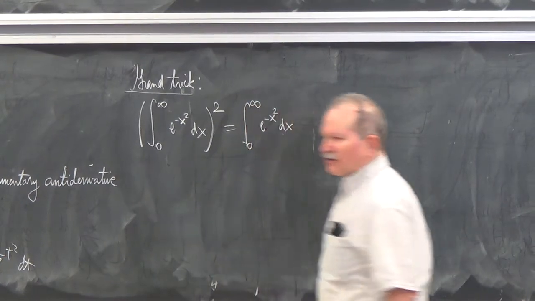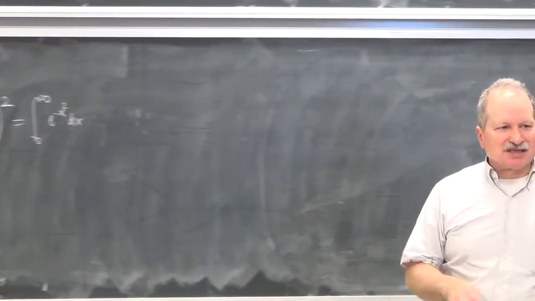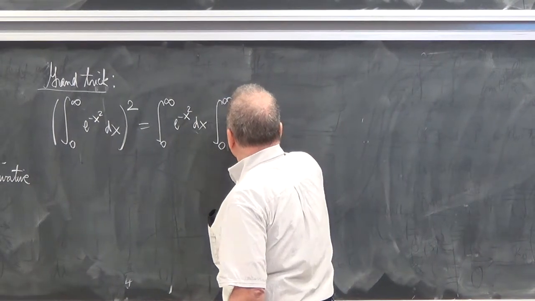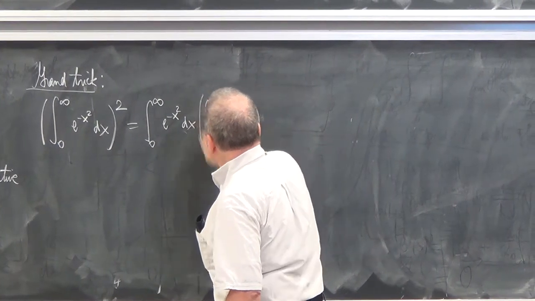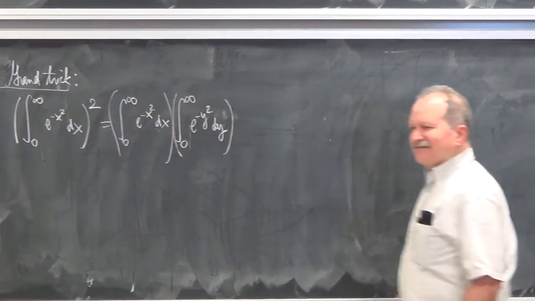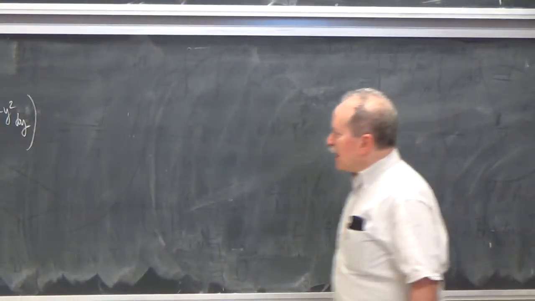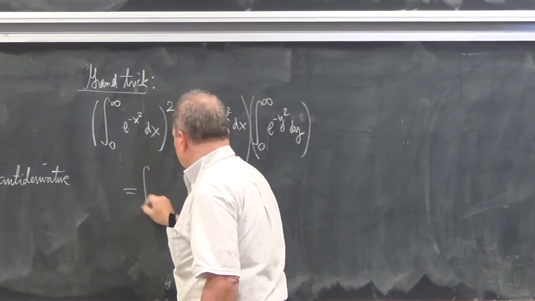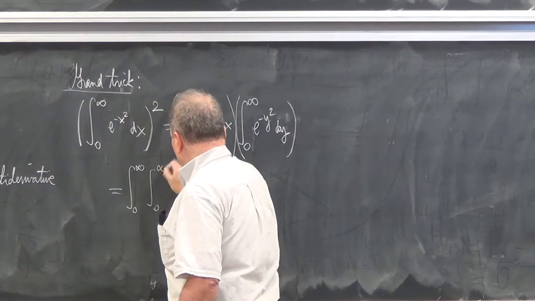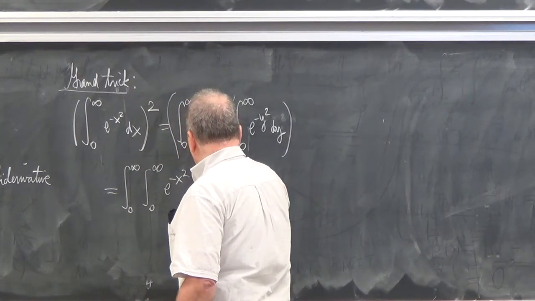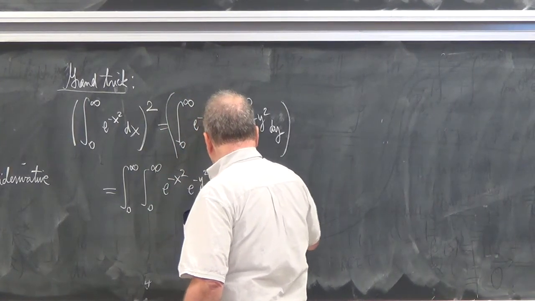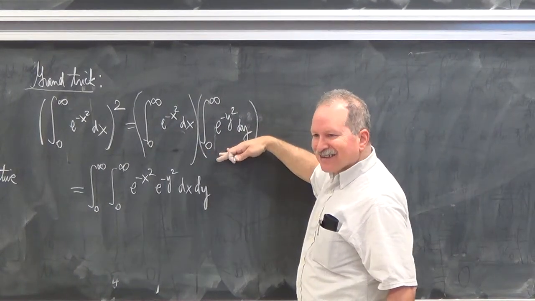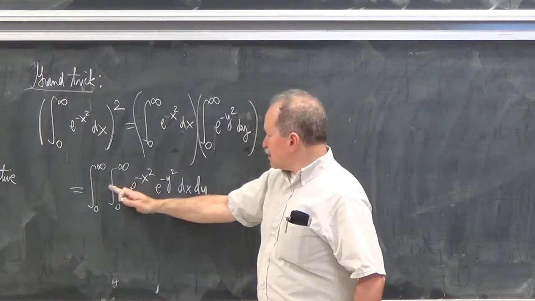Put it in a Groucho Marx nose and mustache and see what happens. I now have a double iterated integral for this function. This is a constant, this is a constant, so I can combine these into an iterated integral.